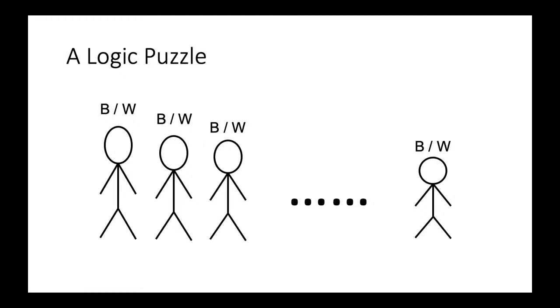But of course, he cannot do the communication by saying the number because he can only say black or white. So instead, he will see the number of black hats and then tell the others whether the number of black hats is an odd number or an even number.